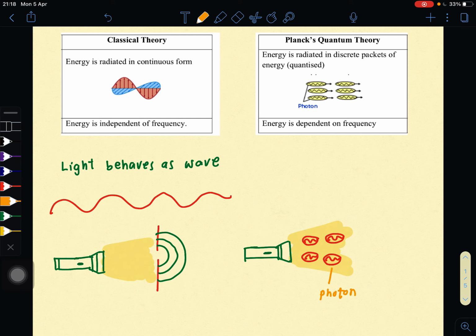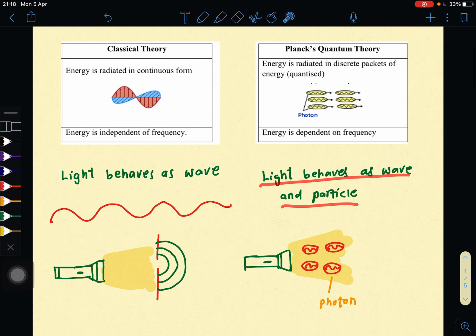The light now radiates in discrete packets, and we call each discrete packet a photon. As you can see here, we have the wave inside the packet. So now we can say that light behaves as wave and particle. The wave is inside the packet, and each packet we call a particle.